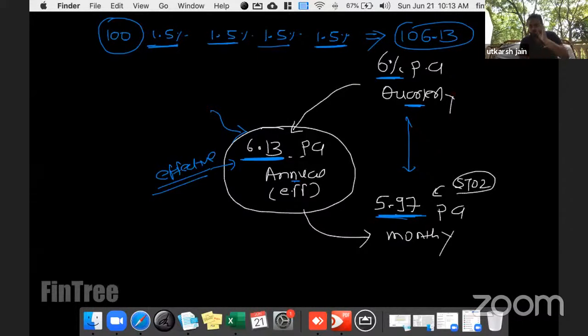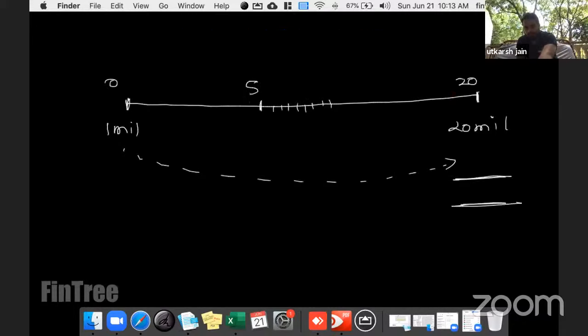So let's use the quarterly rate. Okay, so Brahmani will help us. Brahmani, you tell me, in 20 years, how many quarters? Are you sure about that? Okay, so she says 80. So let's keep 80 as n.